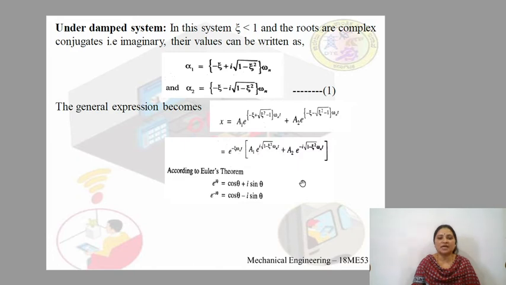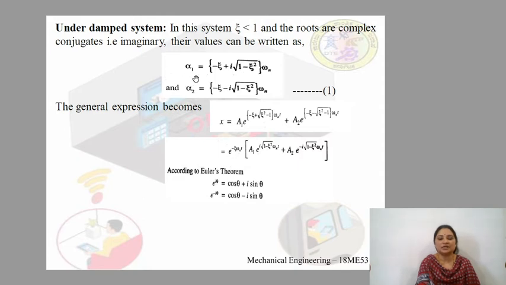In case of an underdamped system, the value of zeta will be less than 1 and the roots are complex conjugates. That is, the roots are imaginary and their values can be written as given below.